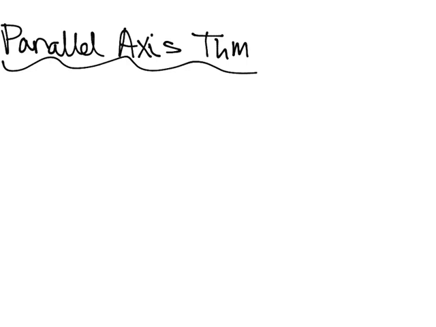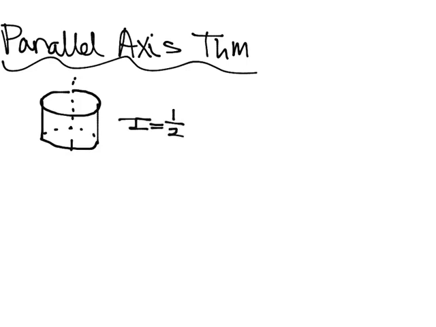The last bit of information that I'm going to give you today regarding moments of inertia is what's called the parallel axis theorem. We know from the last chart that if we're rotating a cylinder around its middle, I equals 1/2 mr squared.